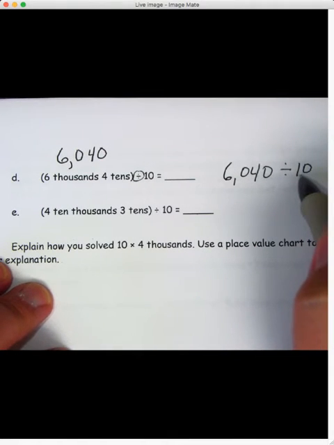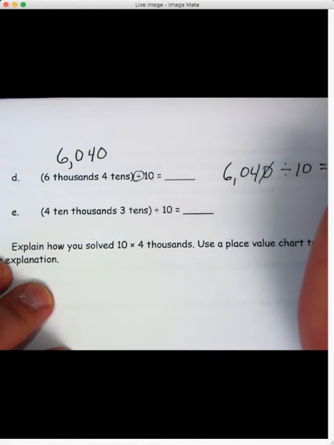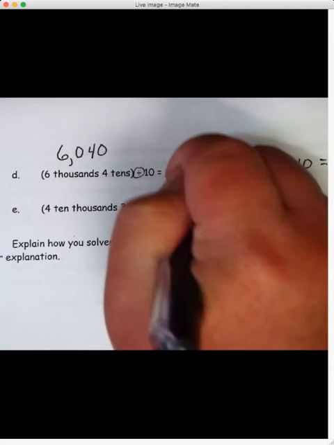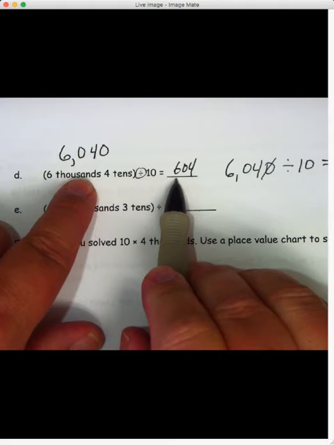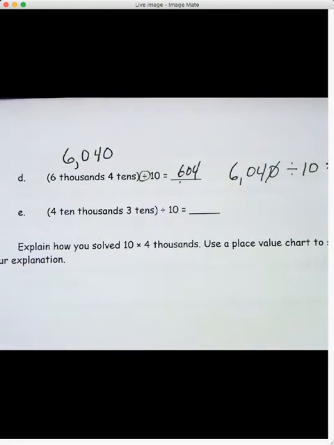When we divide by 10, we're going to do the opposite of adding a 0. We're going to take away a 0. And what's that leave? 604. Just like we said, that 6,000s becomes 600s, and the 4 tens becomes 4 ones.